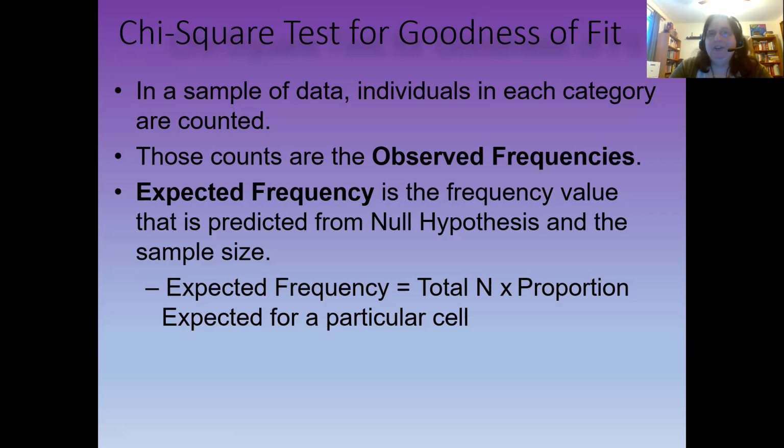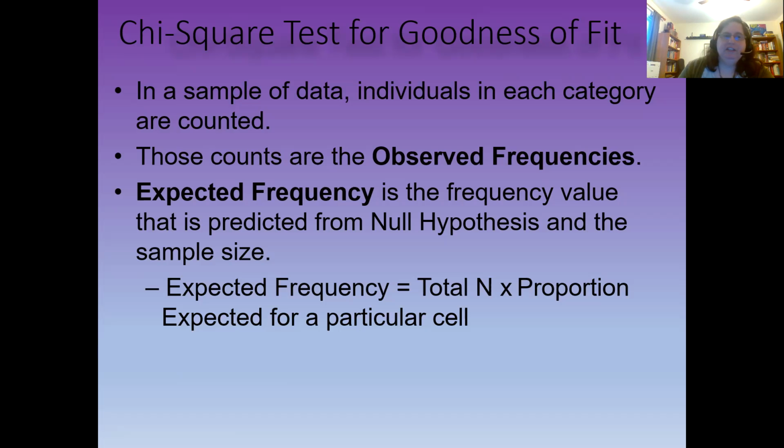Just for fun, okay? That's probably way off because I don't know my genetics too well, but you get the idea. And then we would take our total N, 40, for brown times 0.50. Now we'd expect 20 people to have brown eyes. And we would take our 40 times 0.20. We would expect 8 people to have blue eyes. And we'd go on from there.